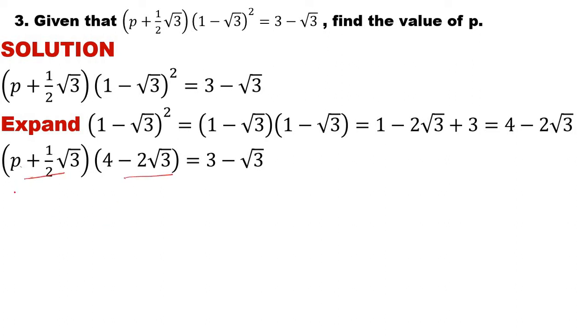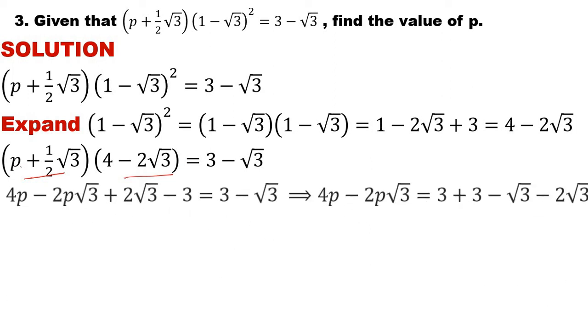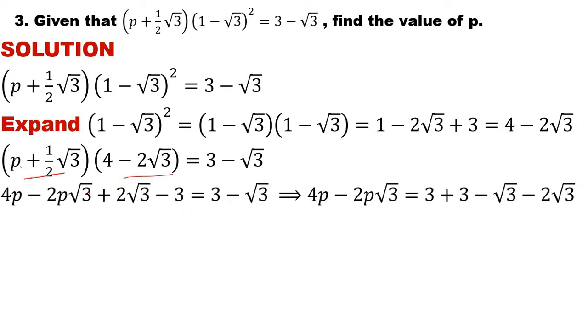In multiplying, I have this. Collect like terms. This is 4p minus 2p root 3 equals 3 plus 3 minus root 3 minus 2 root 3. So we take the factor. The factor here is 2p, and then we also take the factor on the other side.